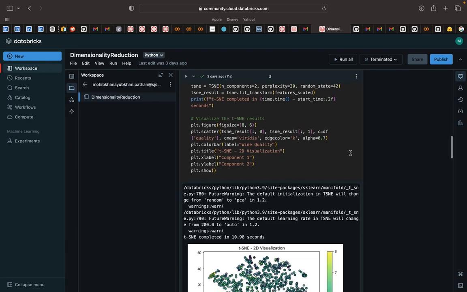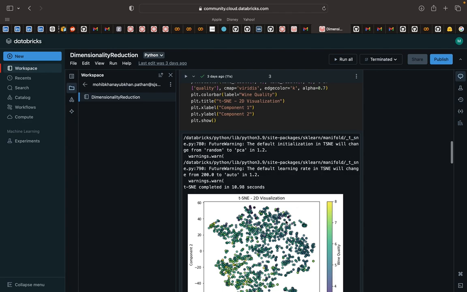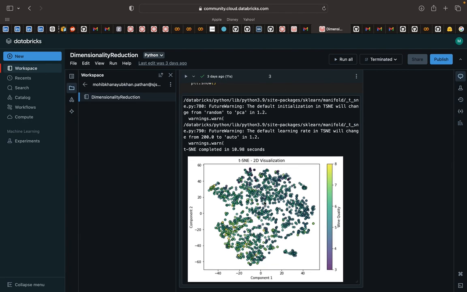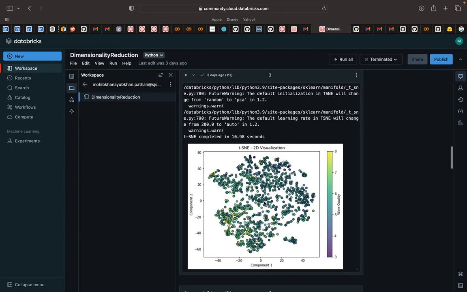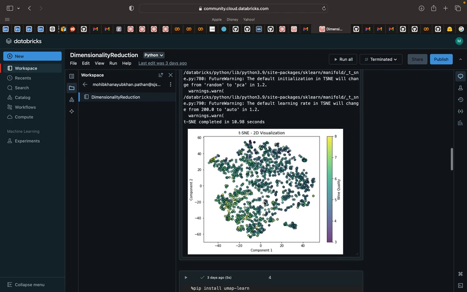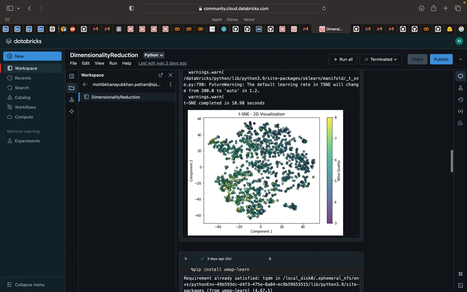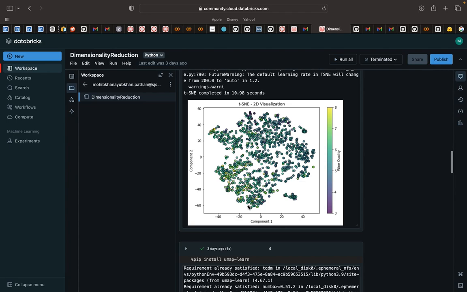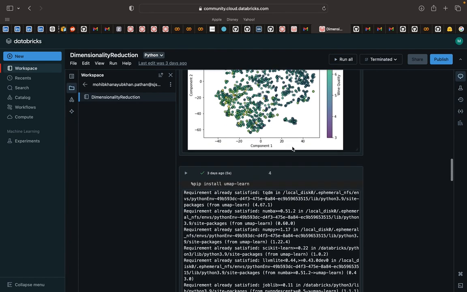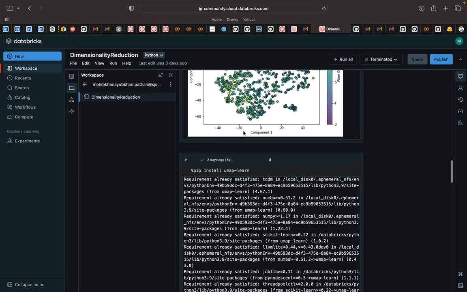By default, I think it takes 200, and we have a visualization right here for t-SNE. It clearly highlights distinct clusters in the data. As you can see, the yellow ones, green ones, and then the dark or black ones. These are the differences, and it separates them. On the right side, it's more dark. Left hand side, it's more of the light ones.